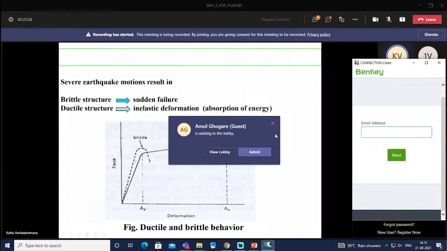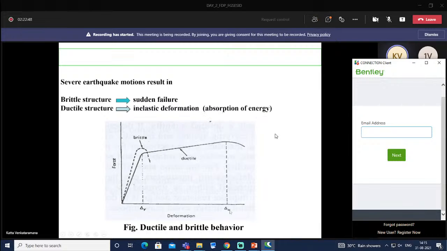This dotted line is a brittle structure, so failure is sudden, whereas this line shows the ductile structure, which undergoes large deformation before failure. So this is the deformation at yield, and this is at the ultimate.